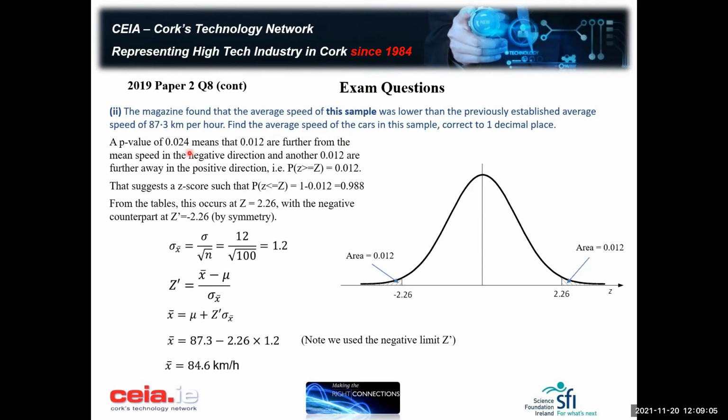Now remember, a p-value of 0.024 means that 0.024 or 2.4% of values are more extreme than the measured value, which means that 1.2% are more extreme in a positive direction and 1.2% are more extreme in the negative direction.